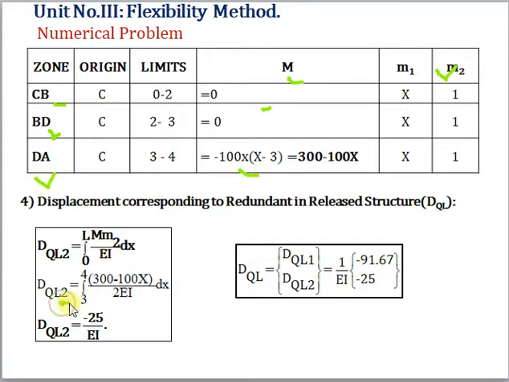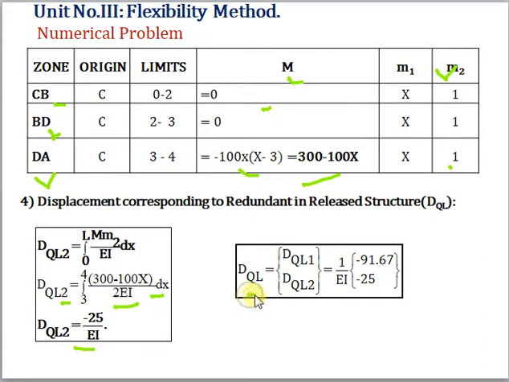Putting in the values, DQL2 is equal to the integral of (300 minus 100x) into 1 divided by 2EI into dx, limit 3 to 4. By solving, DQL2 is equal to minus 25 over EI.